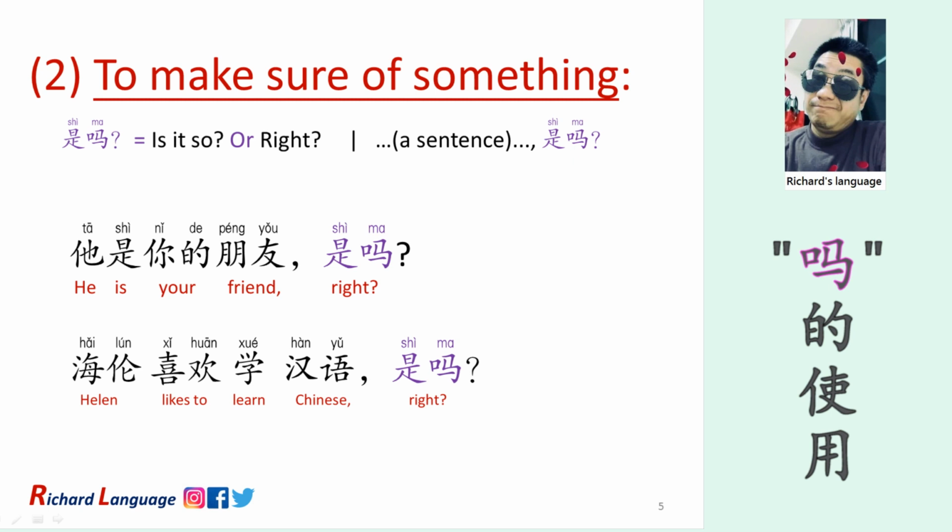Okay, the next one. 海人喜欢学汉语，是吗？ Helen likes to learn Chinese, right? Again, we use 是吗 to ask whether or not Helen likes to learn Chinese.